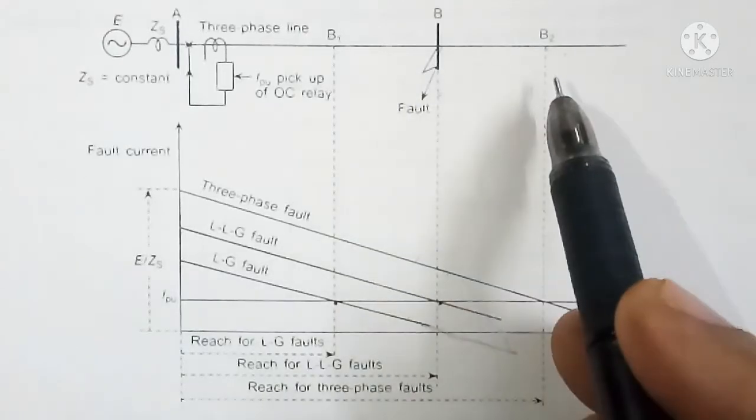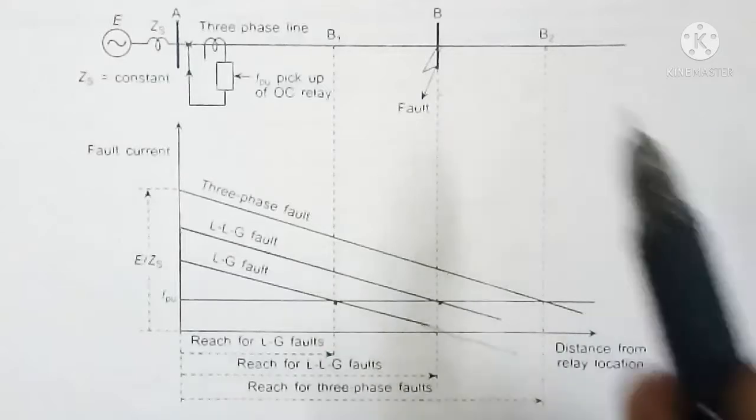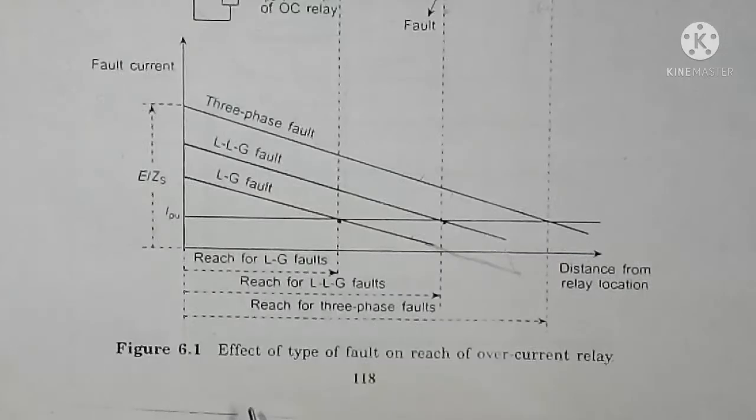But relay will operate for three-phase fault beyond bus B. So this is what we call as mal-operation of the relay. And this is nothing but effect of type of fault on reach of the overcurrent relay.